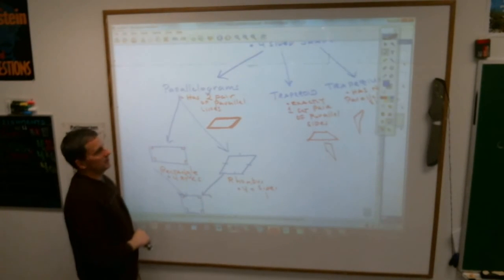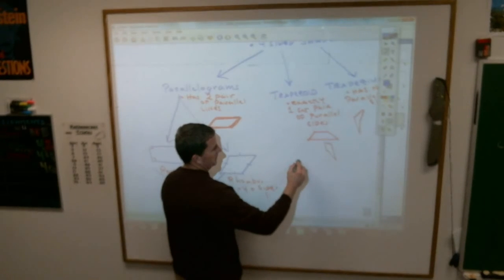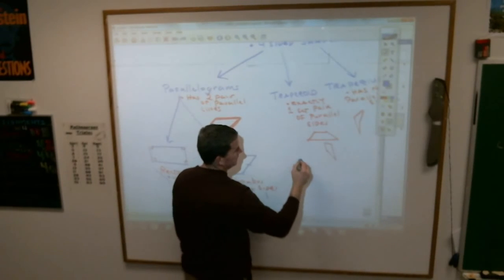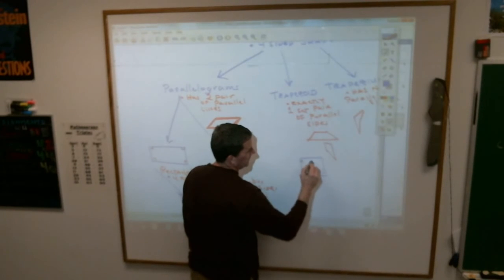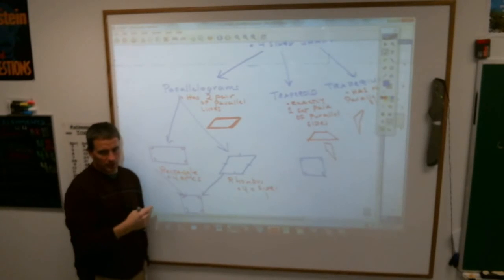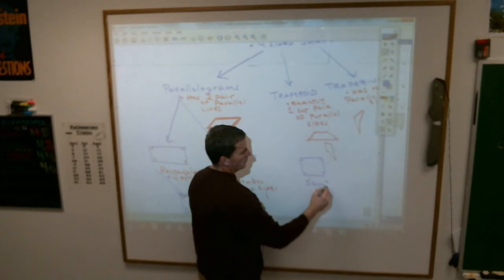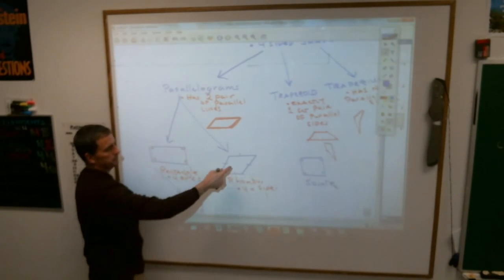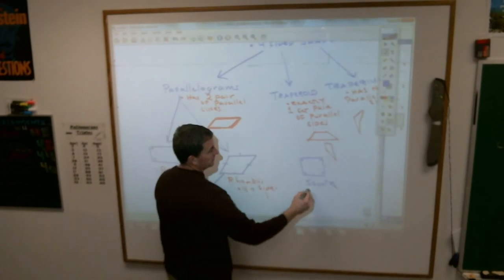So the confusing part about this is the book will say, here's the shape, and here's a quadrilateral. Give all the names that apply to it. Now, obviously, when you see it, you say, well, that's a square. But you have to also know that not only is that a square, it is also a rhombus, because the definition of a rhombus just says it has 4 equal sides, so you have to write that down.